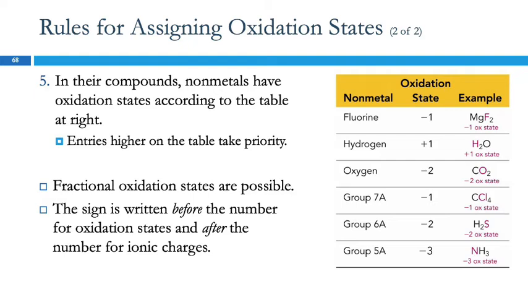Okay? So the hard thing is remembering how the table works. The oxidation state is the same as the charge that element would have as an ion. So we don't really have to do anything for that, but this order we have to do something about.